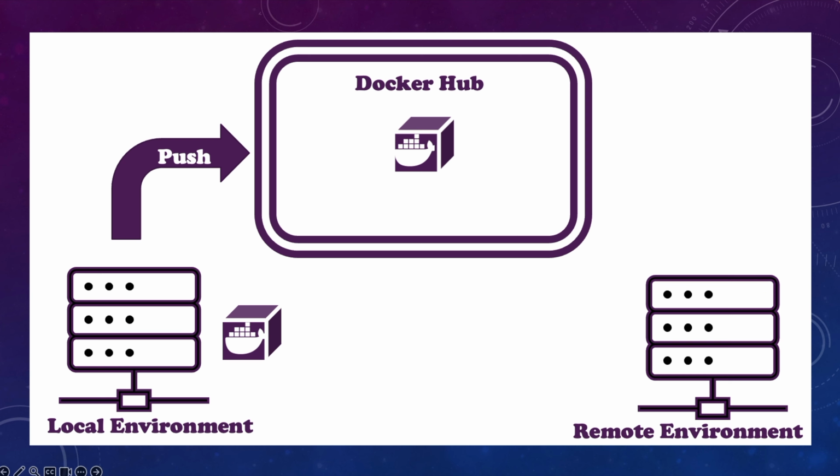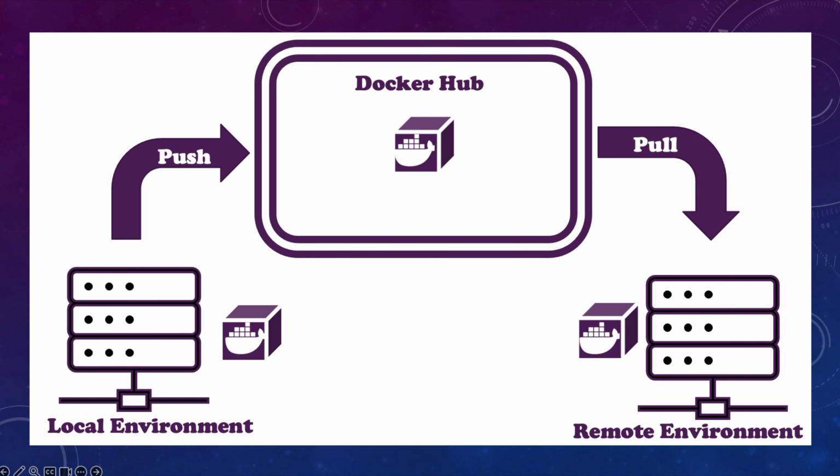Now it is publicly visible, so I can go to my production environment, connecting to the Docker Hub, or since it is public, I don't need to connect. I can just specify the folder and also the application name along with the tag. So you could just search and download it. When I do it, I can pull it to my production environment. So anybody could pull it on their local environment and they could run it.